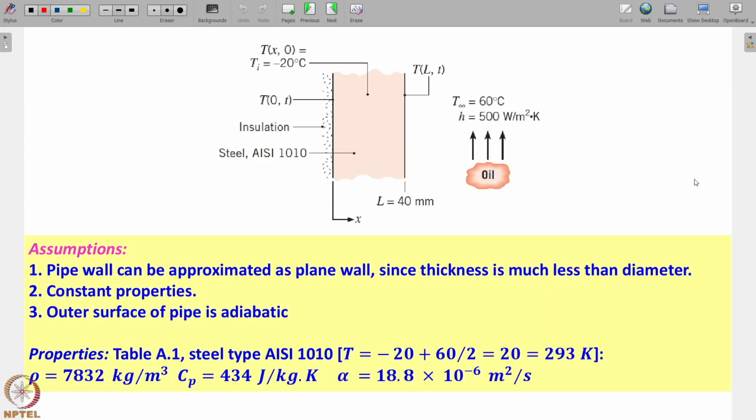So this is the plane wall. Let me write this down and let's solve this problem.